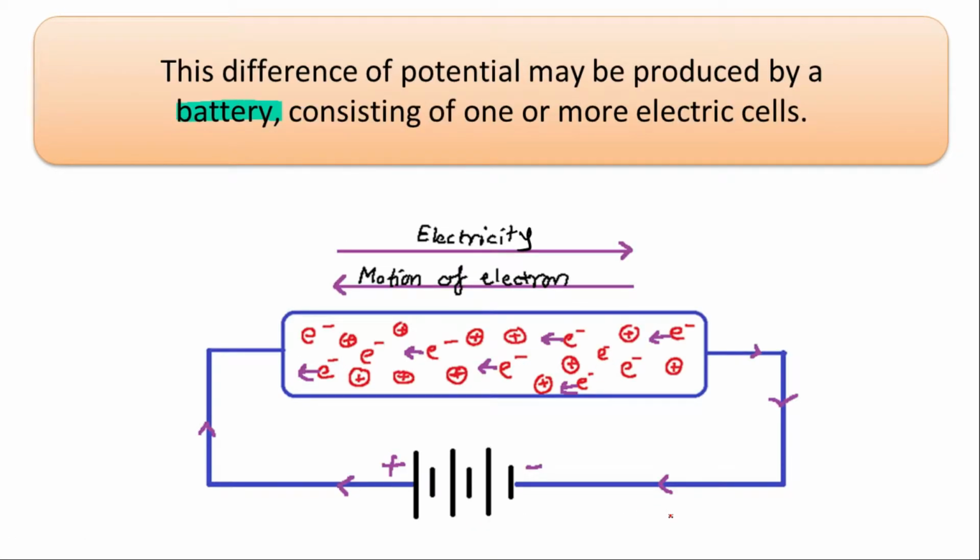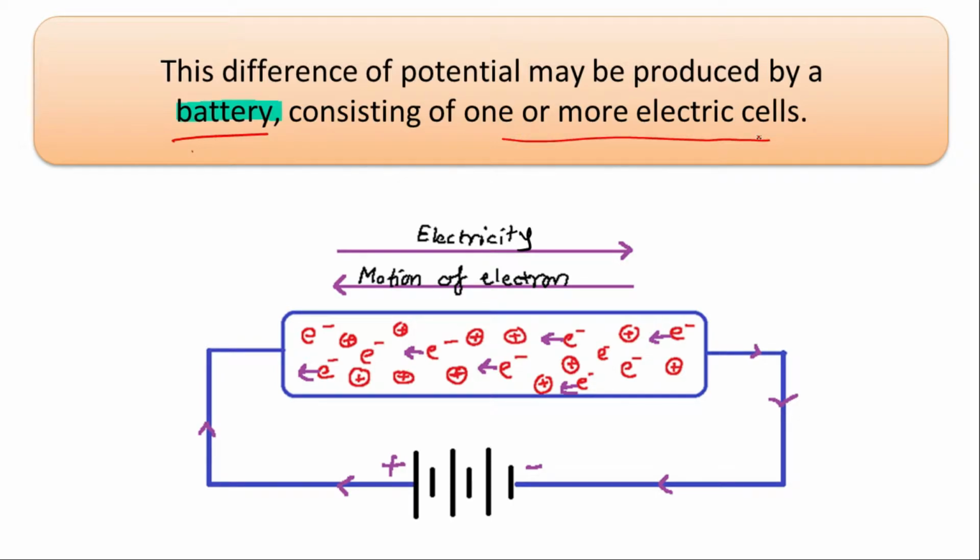Another question arises: how is this potential difference created between the ends of the conductor? It is produced by a battery or one or more electric cells.